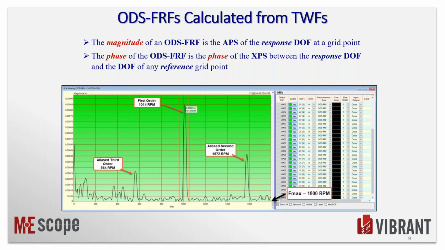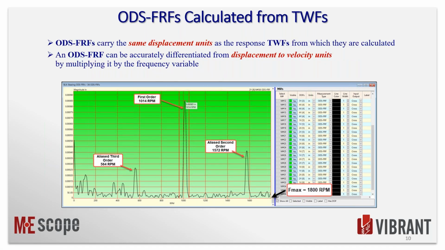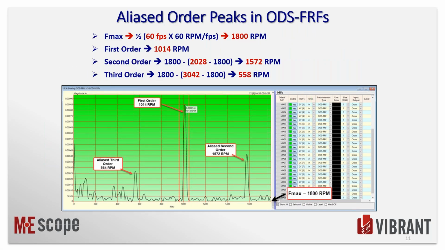So what we see when we see peaks in the spectrum from a video are actually aliased orders. So you can see I got one here at 1500, and I got another one down here at 564. Well, those numbers, we can calculate exactly what they should be.